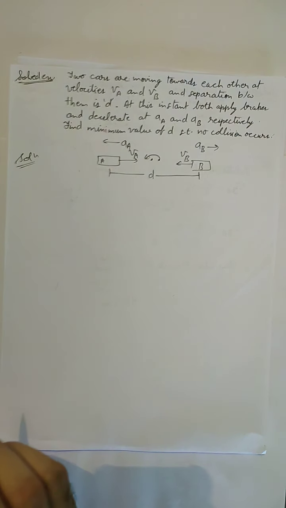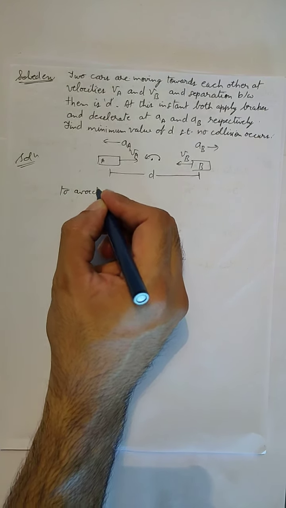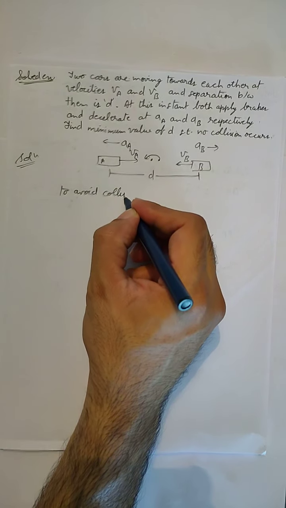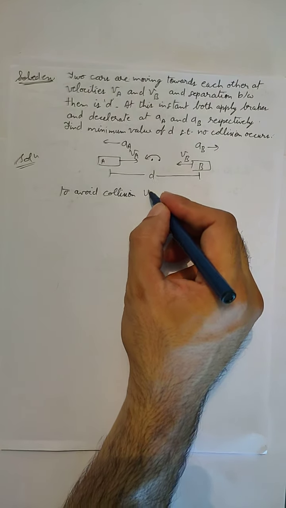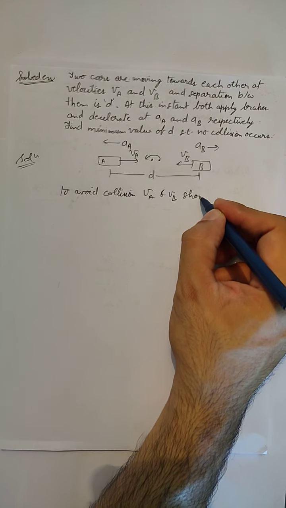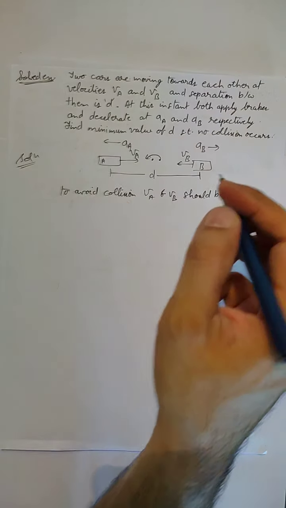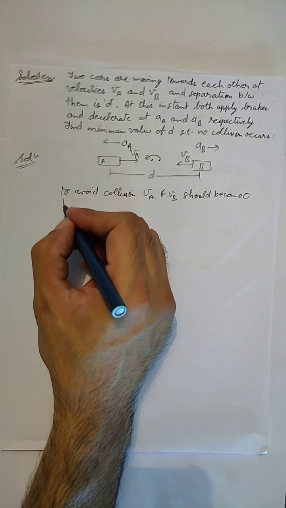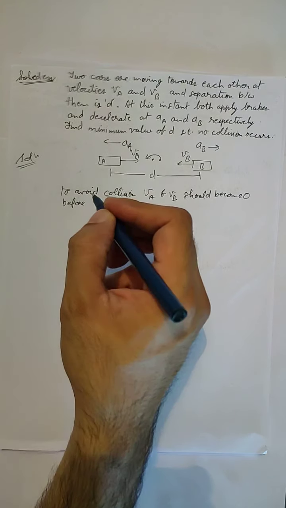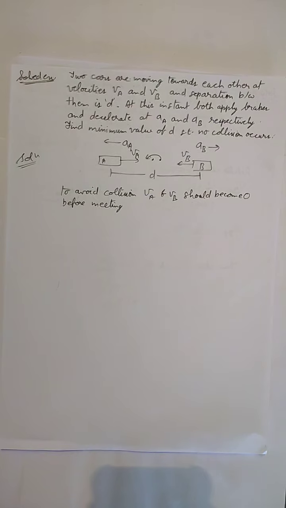So to avoid collision, VA and VB should become 0 before meeting at some minimum distance.